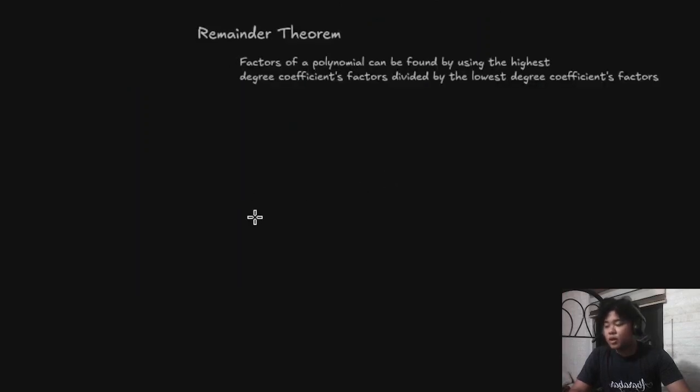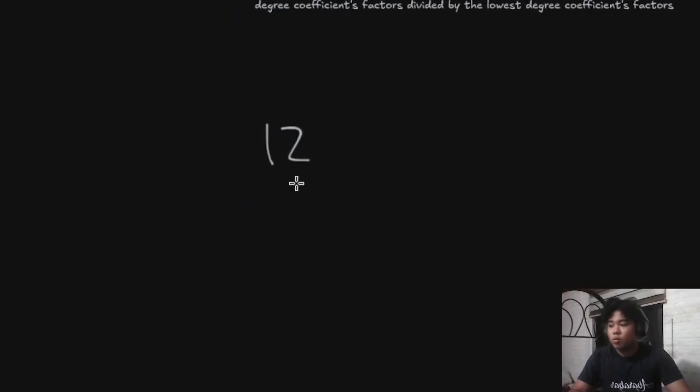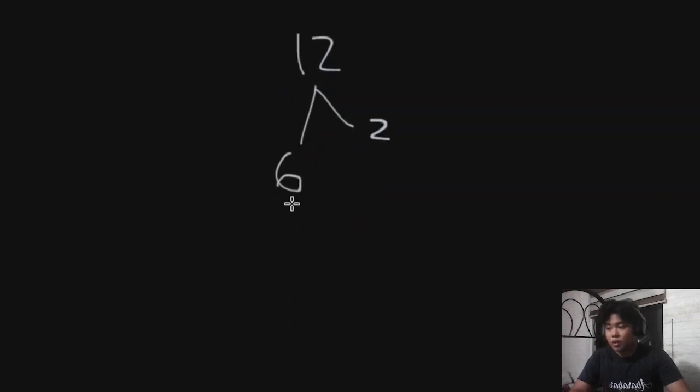When finding the number of factors, such as for 12, you have to break it down into prime factors. Prime factors are factors that are prime. In this example, there is a prime factor of 2, and then this will become 6, because 6 times 2 equals 12. Next, 6 can be divided into two parts, 2 and 3.